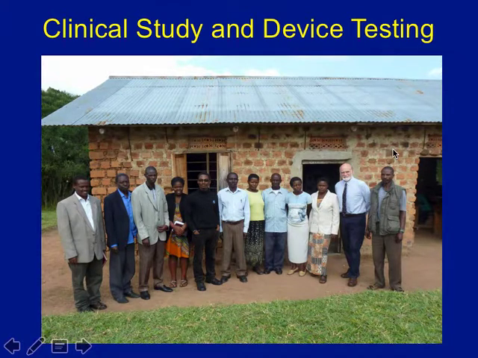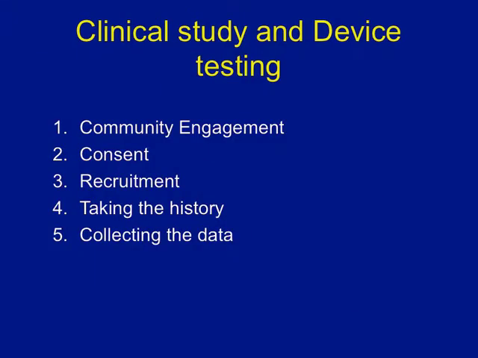This is a typical building. It's got a wood frame, mud bricks and a tin roof, and you can see inside, of course, there's no electricity. It's really dark. So that comes into play soon.